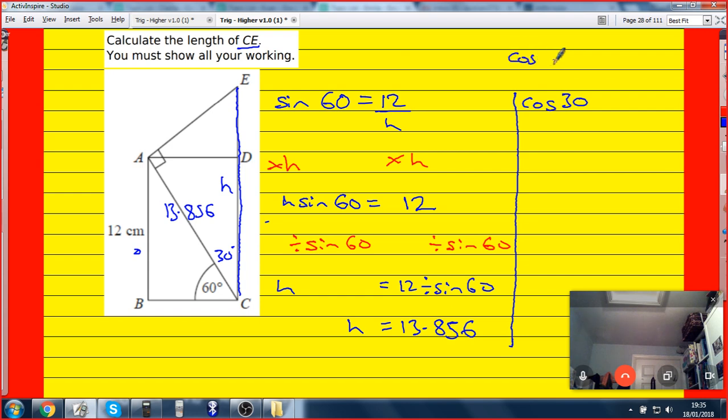So cos is the angle. What is the cos formula?